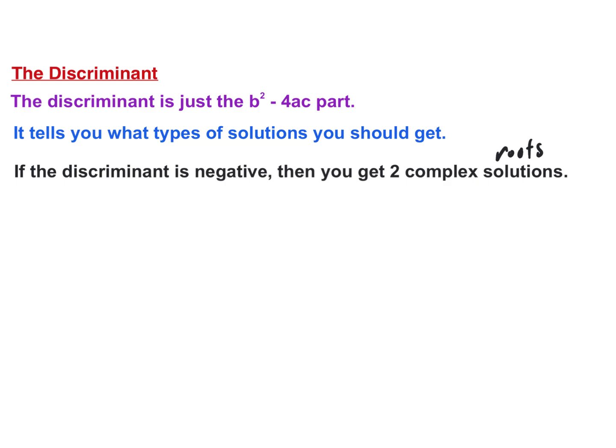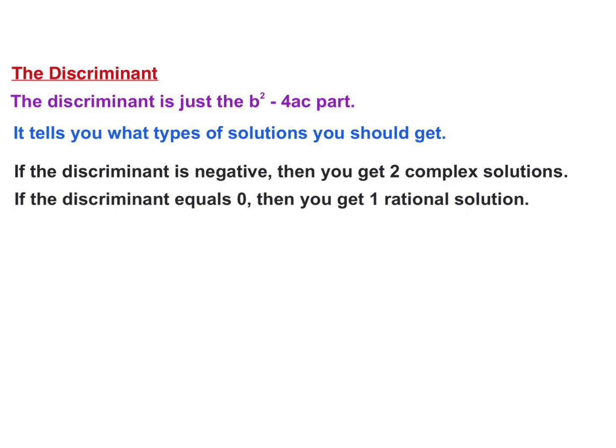Now, if we have a case where it's not negative, there's a couple things that can happen. Okay, first off, one of those things when it's not negative would mean the discriminant could equal 0. And again, we can call this a rational root. If the discriminant equals 0, that means the square root basically drops out. That means the plus or minus drops out.